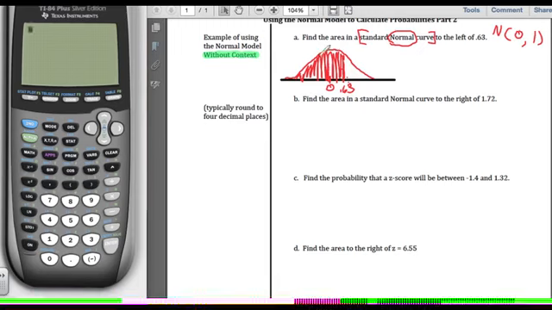I want to know, what is the area of this curvy shape here? To do that, I can use normal CDF. Recall that the area under this distribution function is equal to the probability. So when I want to find an area, a probability, I'll get normal CDF, which is under the second VARS menu.